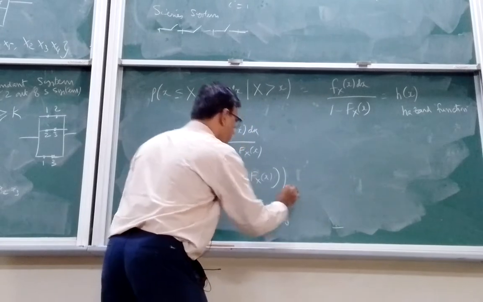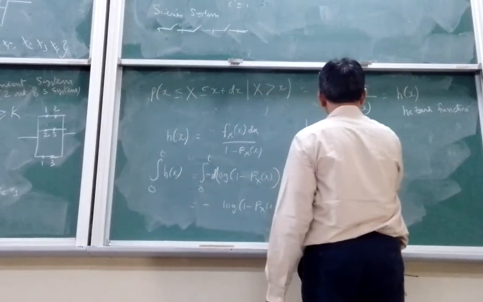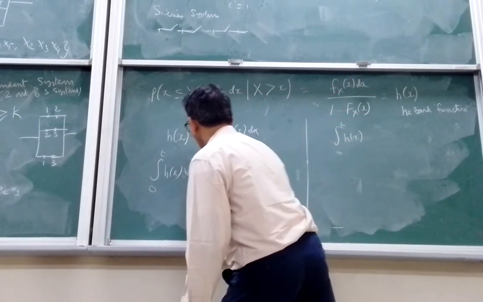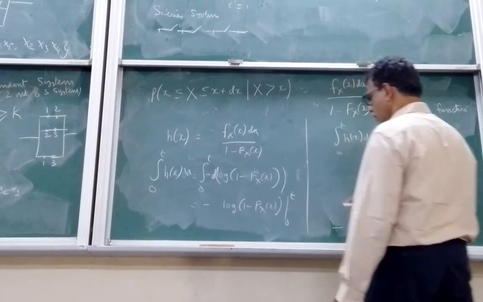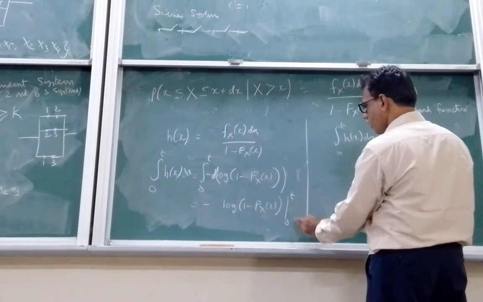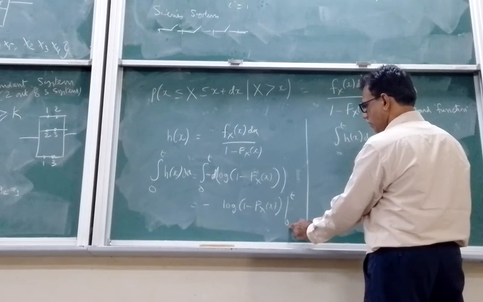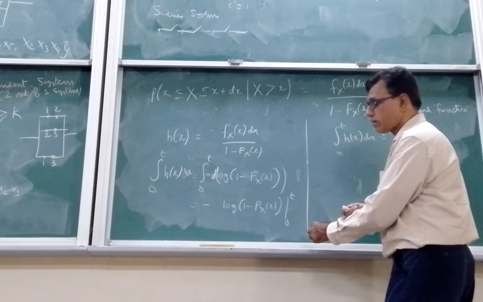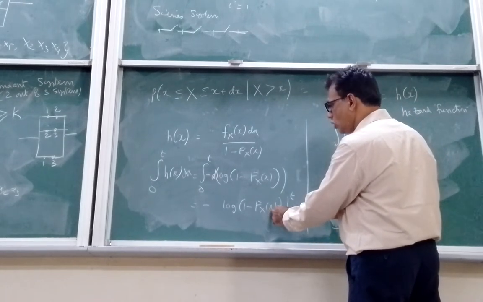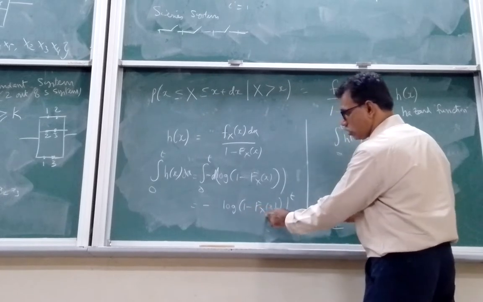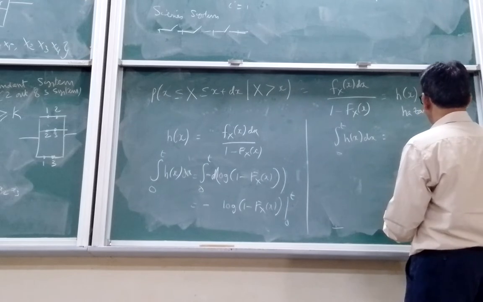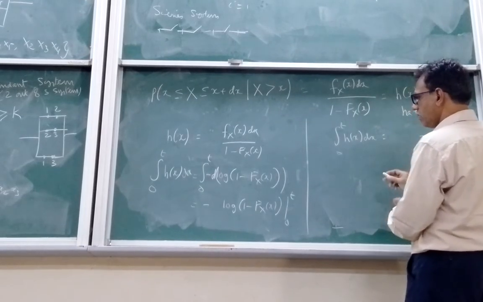between 0 and t. If I put 0, then Fx of x computed at 0 is 0, so 1 minus 0 will be 1, and log 1 is 0. So that will be 0 at the lower limit. We have already derived this actually.